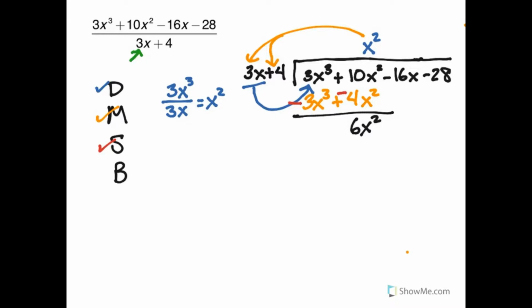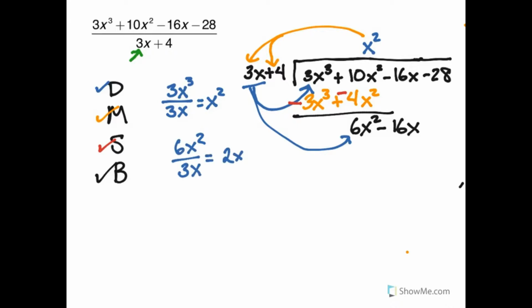Now finally I'm on the last step of bringing down, so I'm going to bring down minus 16x, and now I go back up to the top and divide again. So I'm taking 3x and I'm dividing into 6x squared. 6x squared divided by 3x is 2x. So I add 2x into the x column.